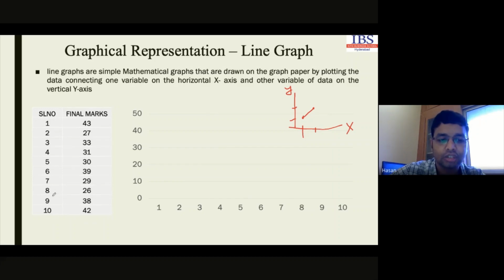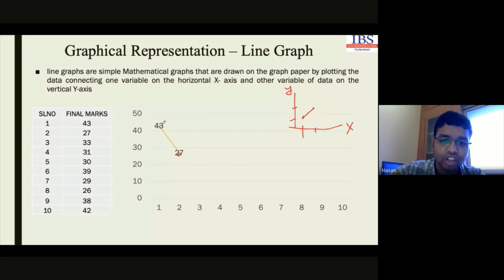You can consider this the student roll number. For the very first one, marks obtained is 43. So put it here, 43. For the second one, marks obtained is 27.